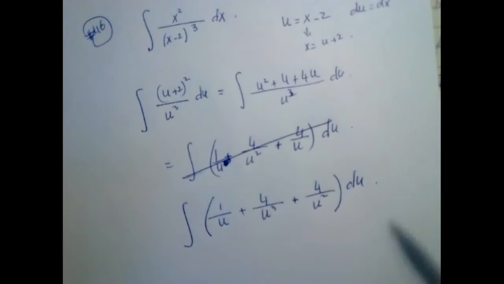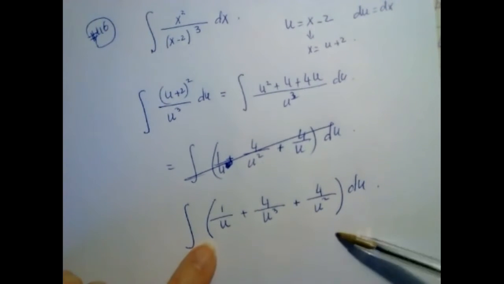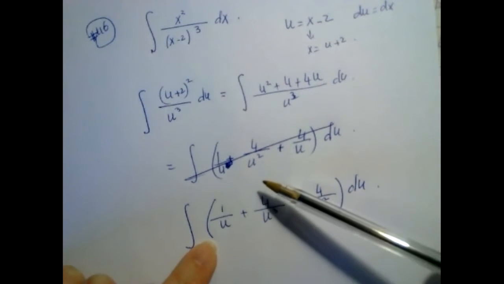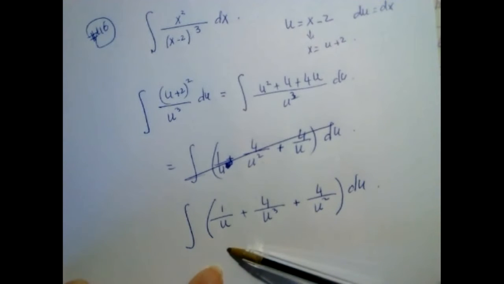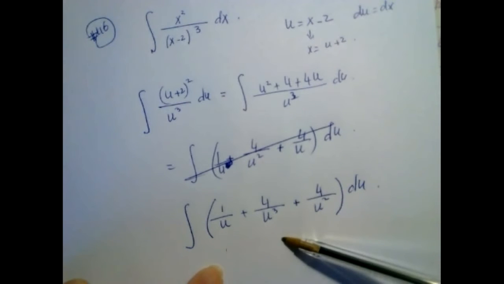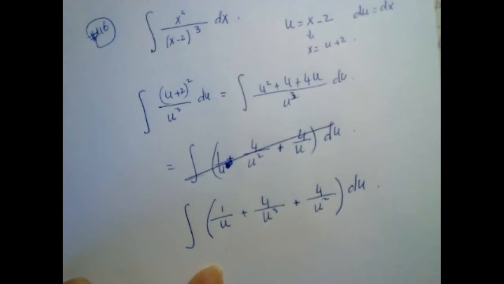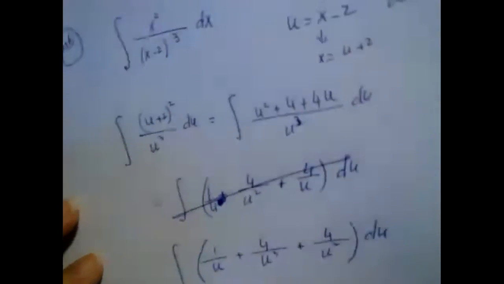Now, if we had done partial fraction decomposition, we would have gotten the same. I mean, you would have 1 over x minus 2 plus 4 over (x minus 2) to the power 3 plus 4 over (x minus 2) to the power 2. We will have exactly the same thing.